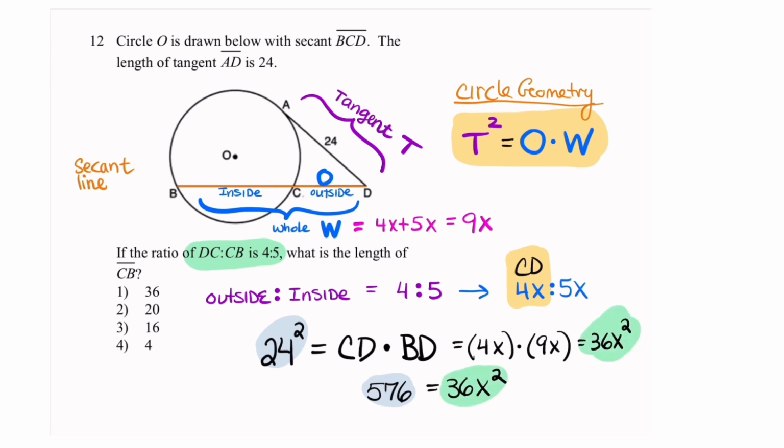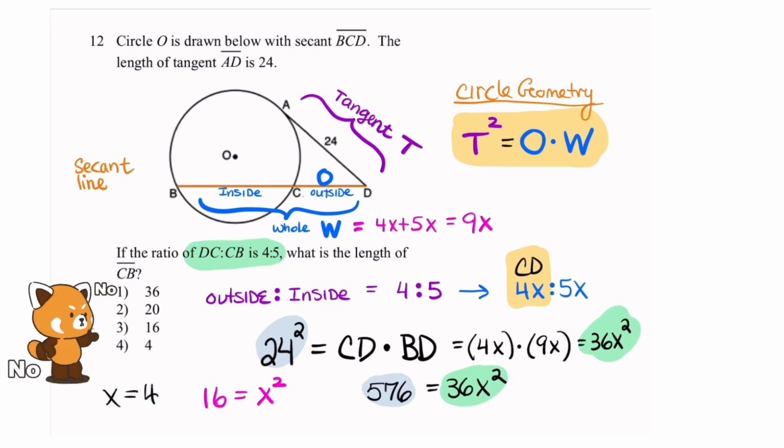Now dividing out both sides by 36, we get 16 equals x squared. Taking the square root of both sides, we get x equals 4. So that's our answer, right? Well, not so fast. You see, we need the length of CB, so choice number 4, equal to 4, is what we call a distractor.